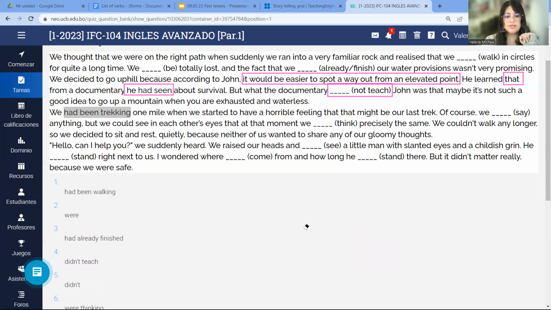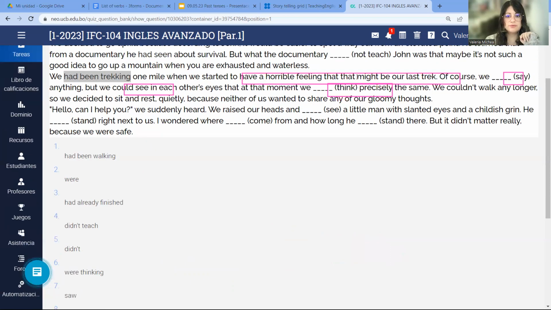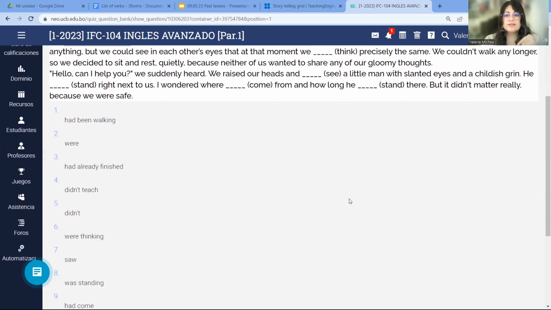Okay, let's continue a little further. Oh, I forgot to delete those ones. Alrighty, so we have another action here, but it's not necessary to put it in a different tense because we already know what it's referring to, and it's a short action that didn't happen in the past.